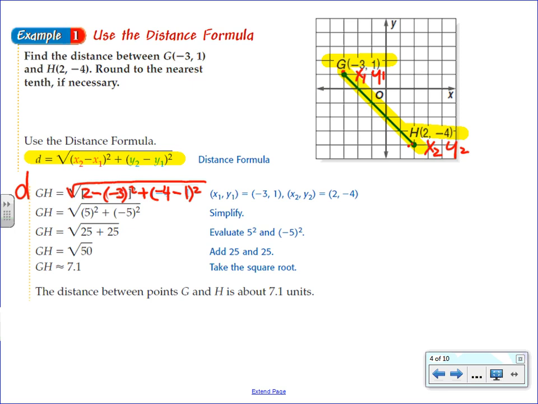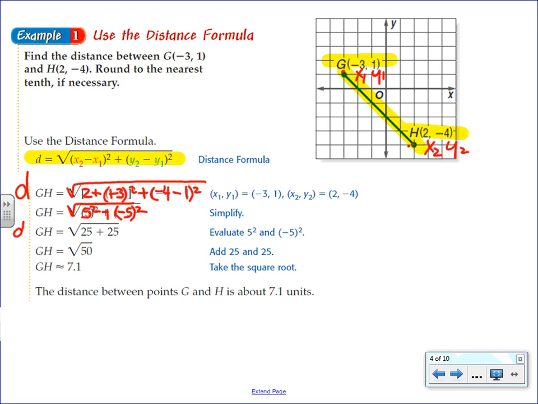And you figure out what is 2 minus a negative 3. That means plus. So that'll be the square root of 5 squared plus the negative 4 minus 1, which is negative 5, squared.